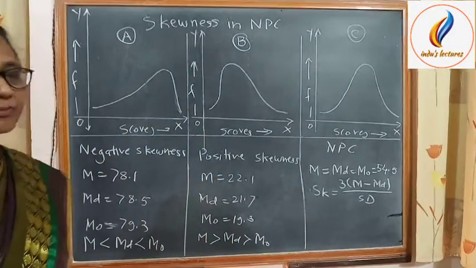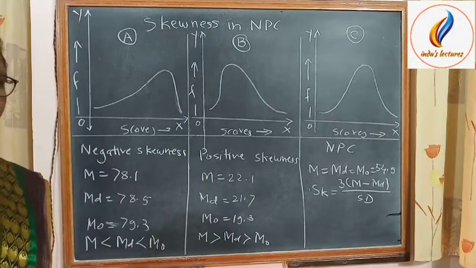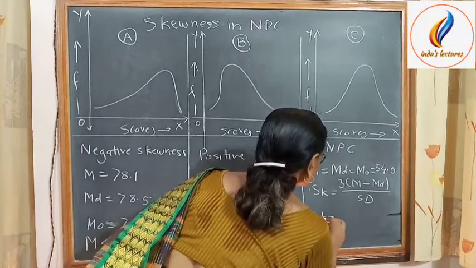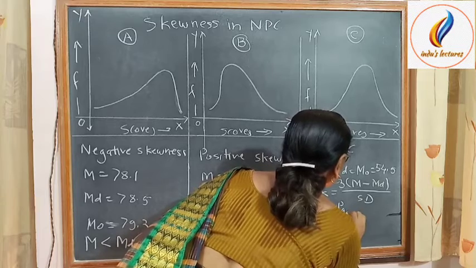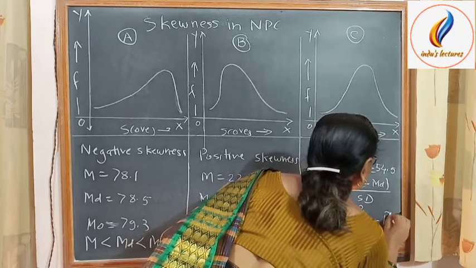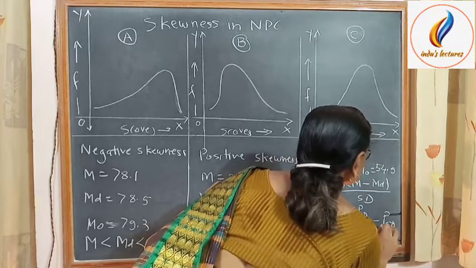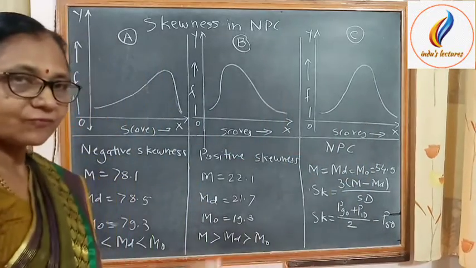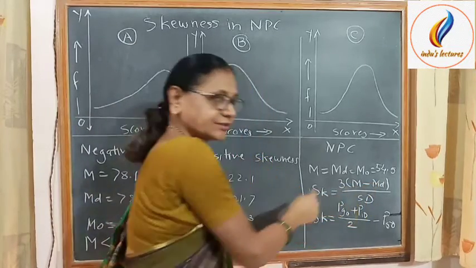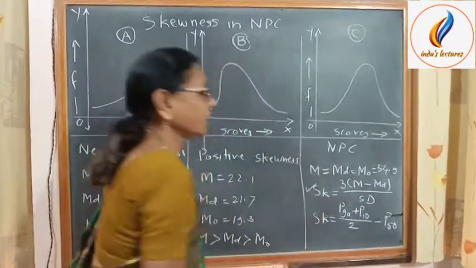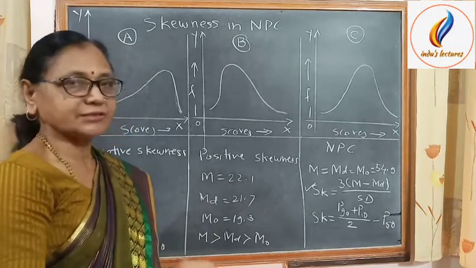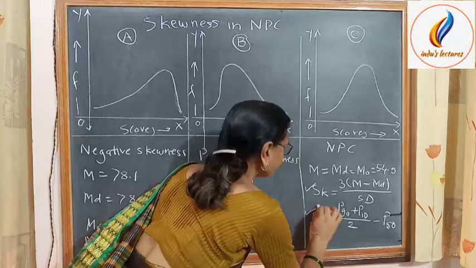If the percentiles of the distribution are known, then we can find the skewness by using the formula Sk is equal to (P90 plus P10) upon 2 minus P50. That means if we know the values of mean, median and standard deviation, then we can use the first formula, and if we know the percentiles of the distribution, then we can use the other formula.